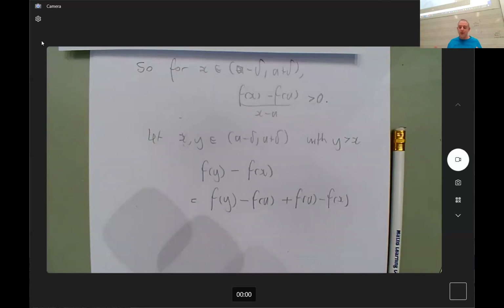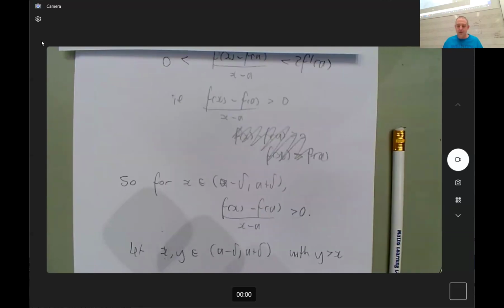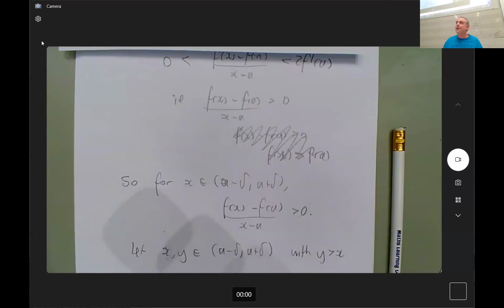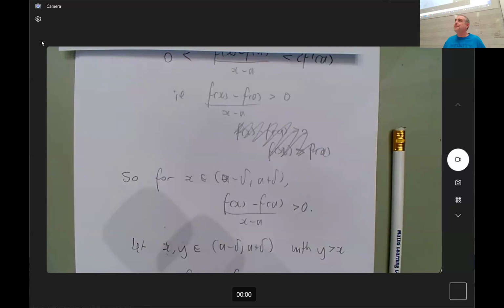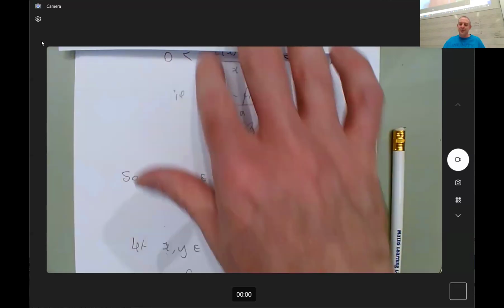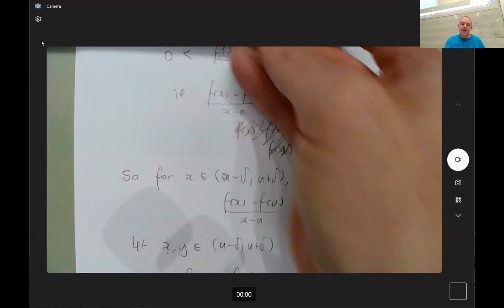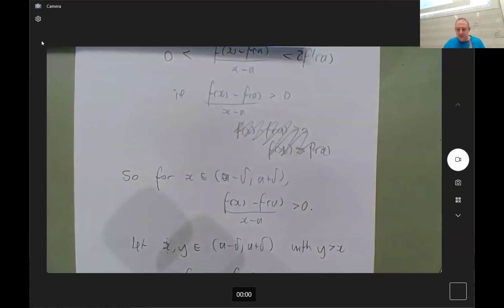Oh wait, I haven't used the mean value theorem yet. No, but it does have derivatives everywhere. It says it was differentiable everywhere. Aha, I have it.